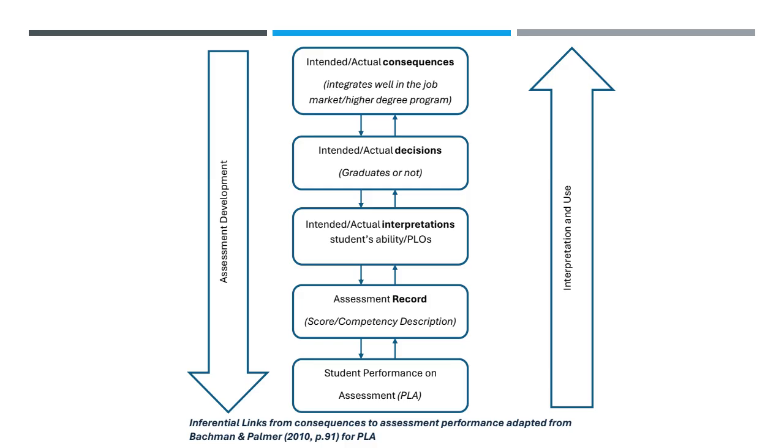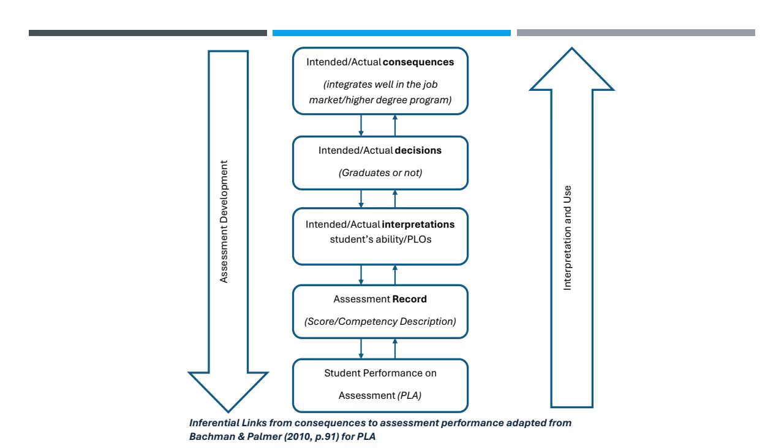Now we are looking at CLOs and PLOs. Based on that, a decision is being made. If they have made these achievements and have acquired these abilities, they can graduate from our program. So a decision of graduating or not graduating is made at that level.